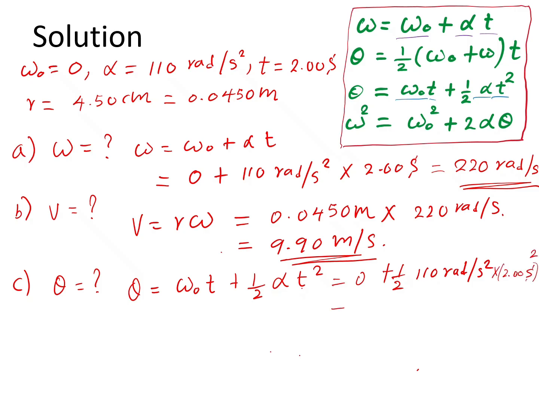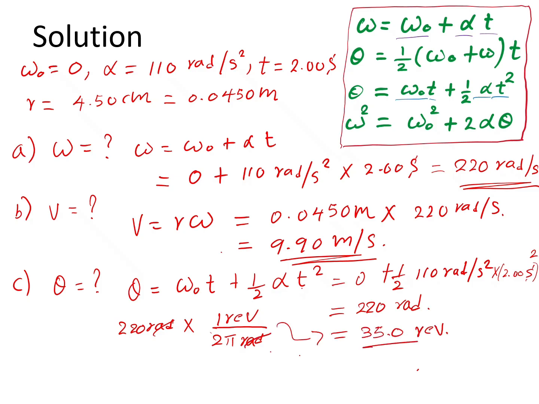And this equals 220 radians. And now we have to convert these 220 radians into revolutions. So 220 radians multiplied with one revolution per 2 pi radians. So radian cancels out and gives us 35 revolutions.